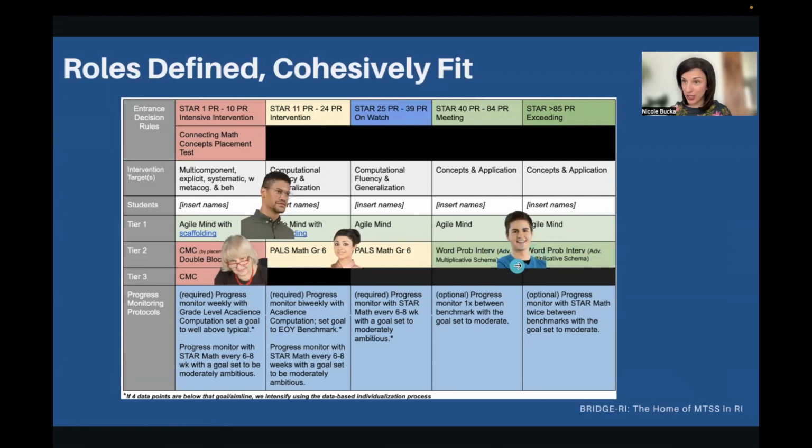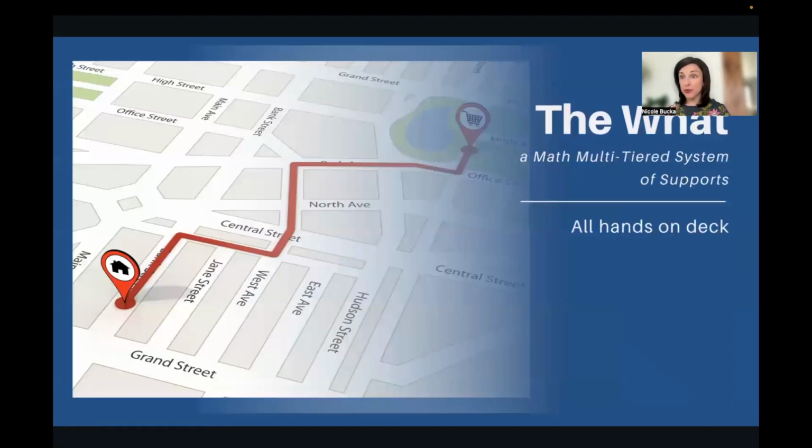One's running enrichment, and the other one is running intervention with peer assisted learning strategies. Now, all the team members, everybody at the grade level, is doing a targeted role. We are a pit crew. We are giving kids exactly what they need in the most efficient way, and then we are returning them back to core.